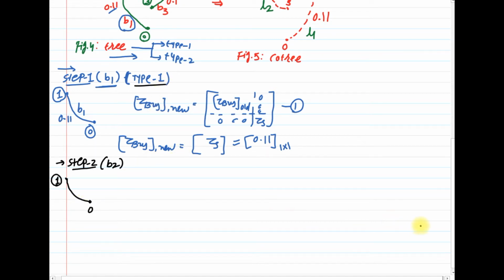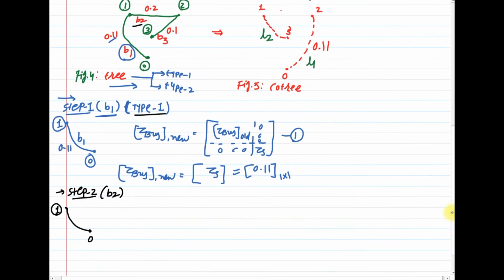Now just look over here into the figure number 4, where the second element is connected between bus number 1 and 2. So bus number 1, which is previously available with us, and here the bus number 2 is added on that bus number 1.